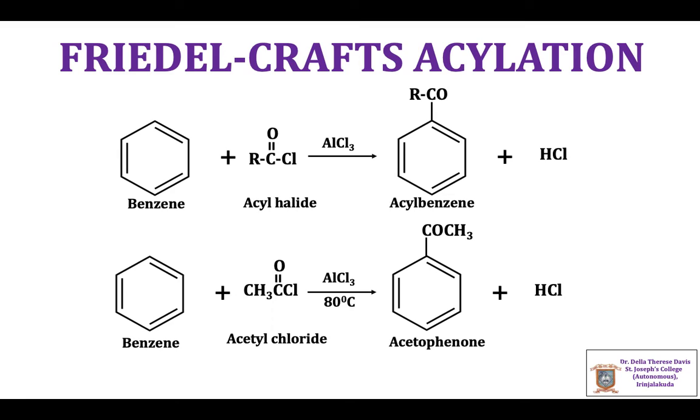Next is the Friedel-Crafts acylation reaction. An acyl group means the R-C double bond O group. So acyl chloride means RCOCl. Benzene, when it reacts with an acyl halide, gives acyl benzene.